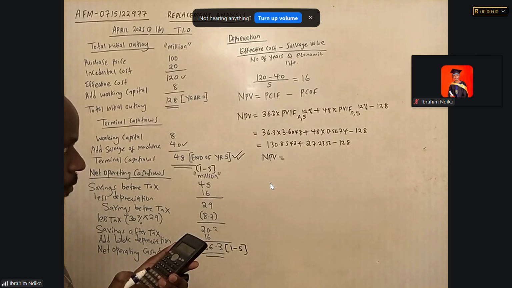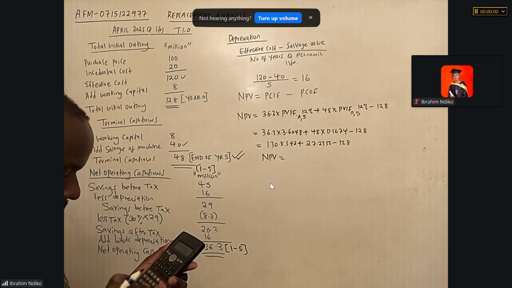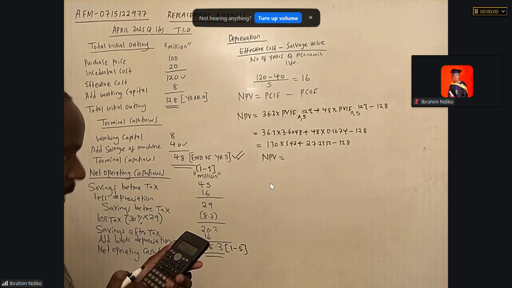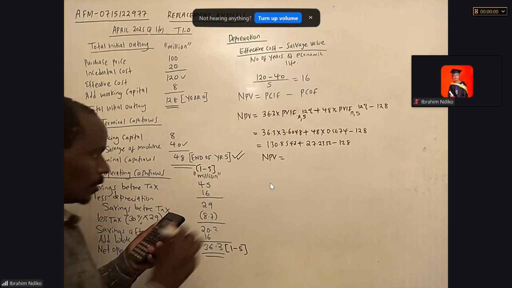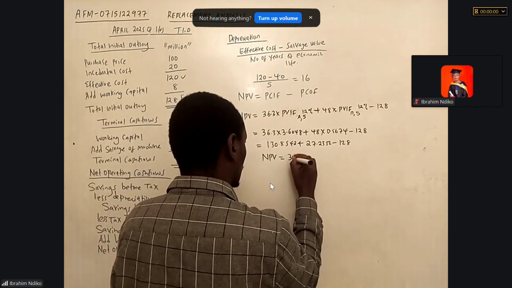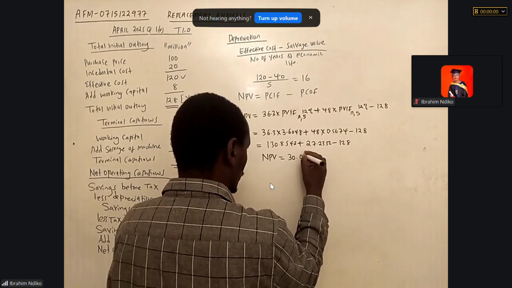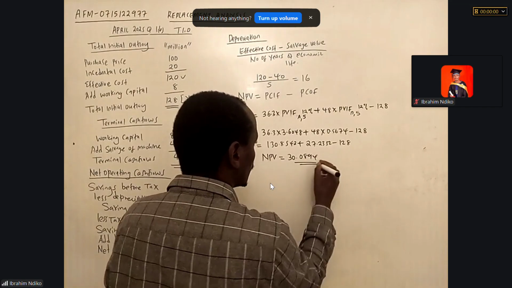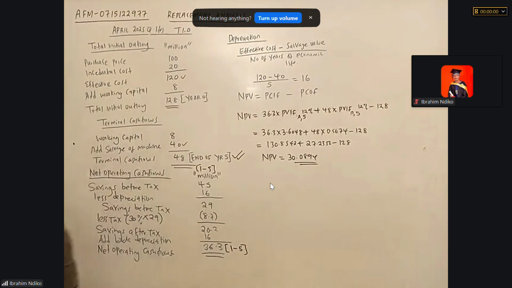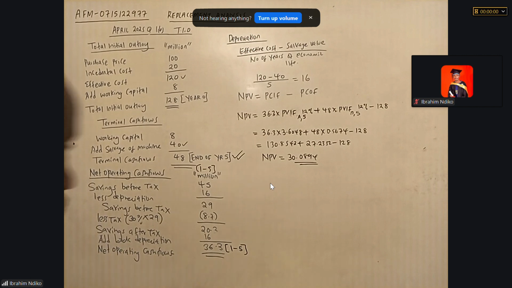So our NPV equals what? 130.8542 plus 27.2352 minus 128. So mimi napata 30.0894, which is positive. That is 30 million. That is a positive figure, sivyo? So should we accept or reject the modification of the new machine?